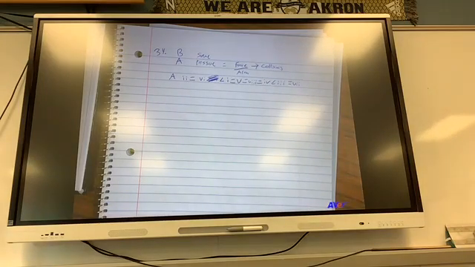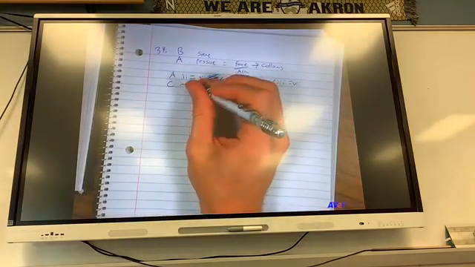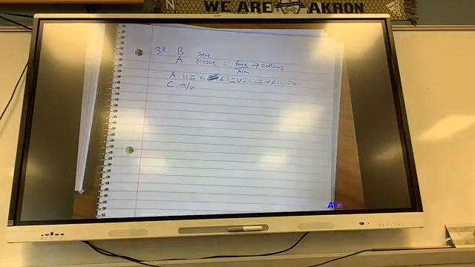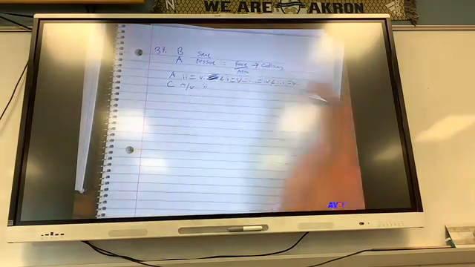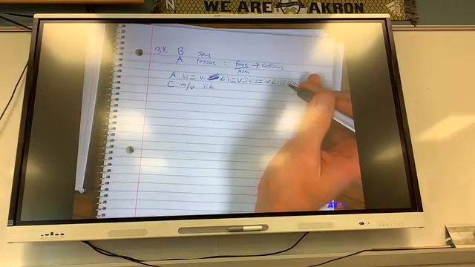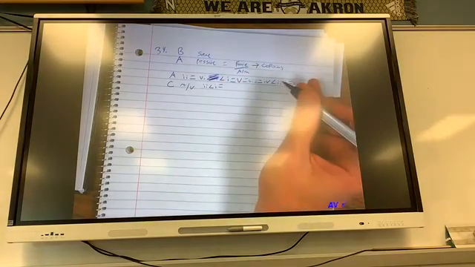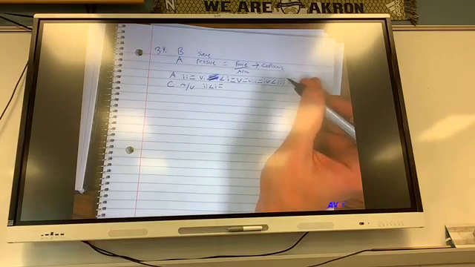B is the same. C is density. We know that density is mass divided by volume, right? So I'm going to look at mass and volume. For C, my least density is going to be 2, which is going to be less than 1, which is going to be equal to 4.